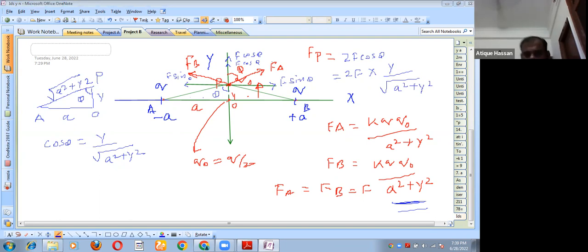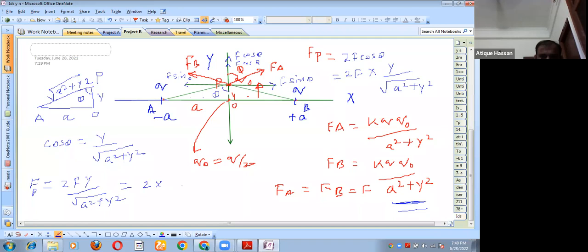Now we got the values. Now we'll put these values. So we will get the total force FP equal to 2F y upon under root a square plus y square. Also we will put the value of F. So 2 into what is the value of F?